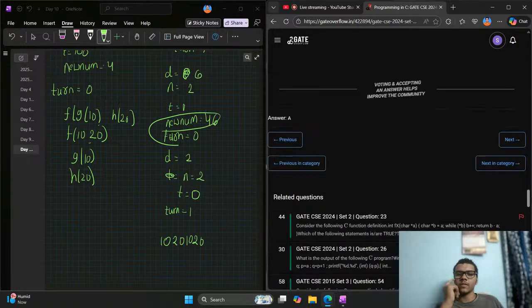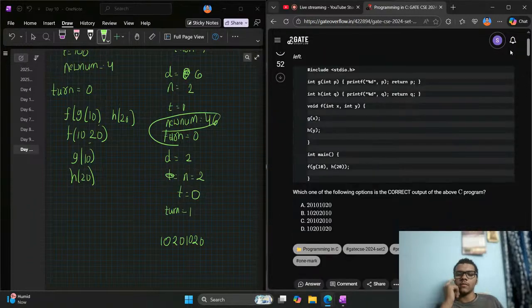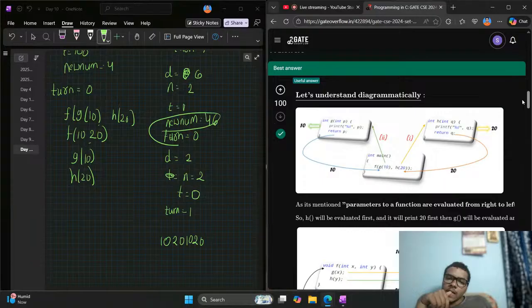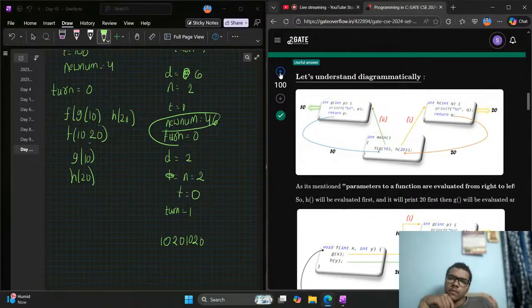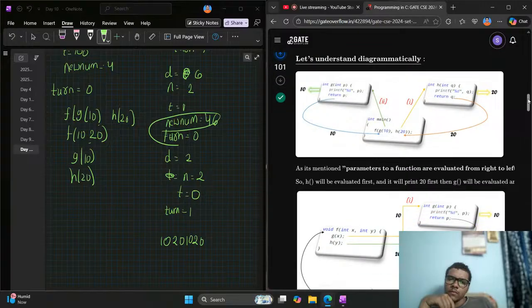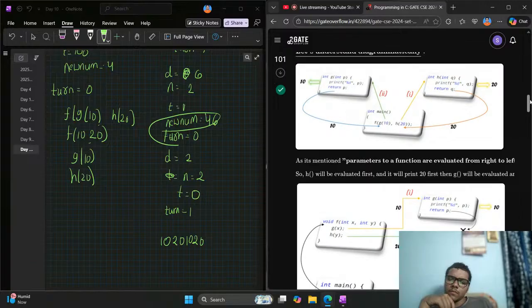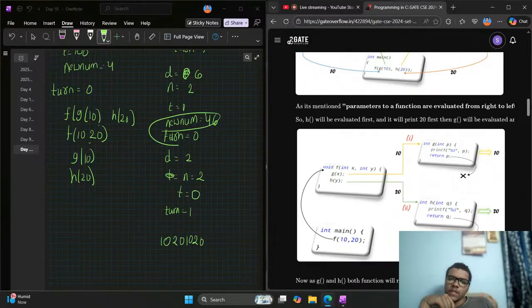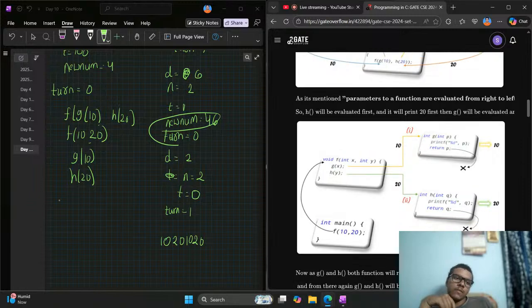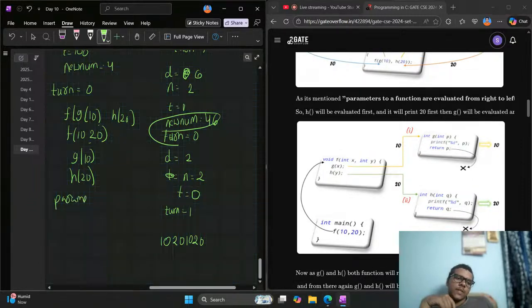So the functional evaluation is not what I expected. I didn't know that. Parameters of a function are evaluated from right to left.